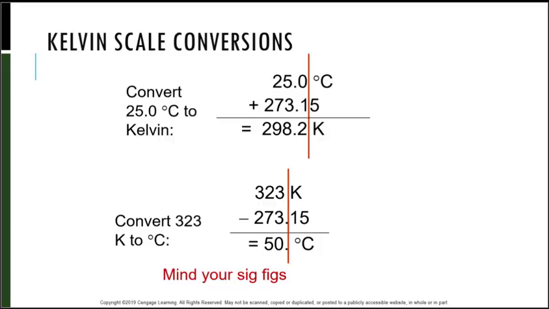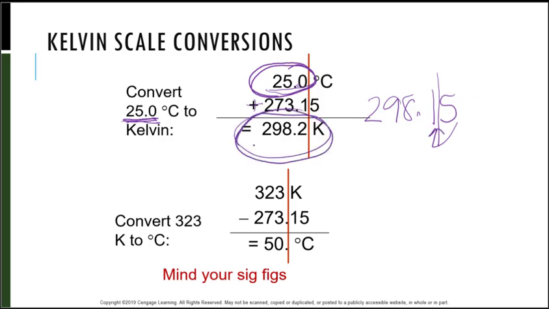Now, a little word of warning when you're doing your temperature conversions. If I have 25.0 degrees Celsius and I add my 273.15, I would get 298.15. But my original was to the tenths, so I need to finish to the tenths. That 5 will round that 1 up to a 2.